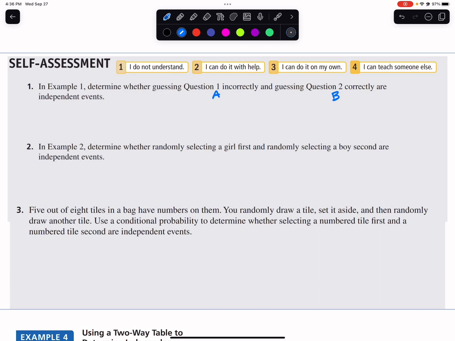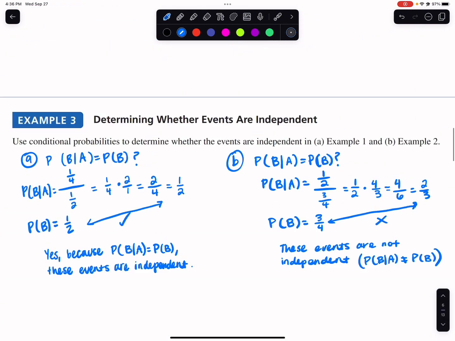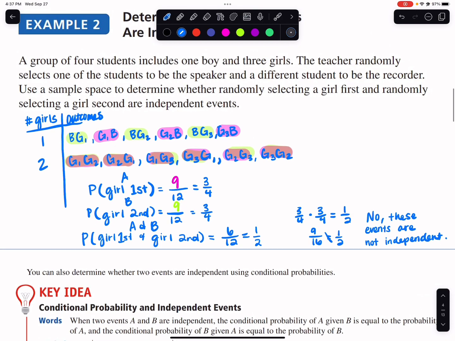So we're trying to figure out, does the probability of both equal both probabilities being multiplied? So probability of A, which is question 1 incorrect. So I'm going to go back to example 1 and find all the ones where question 1 is incorrect.